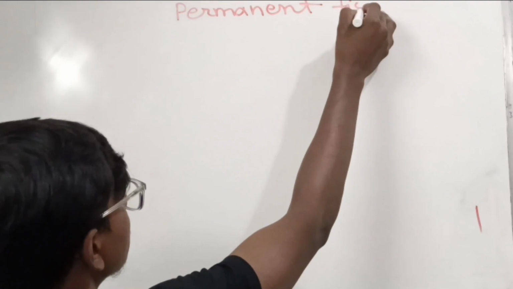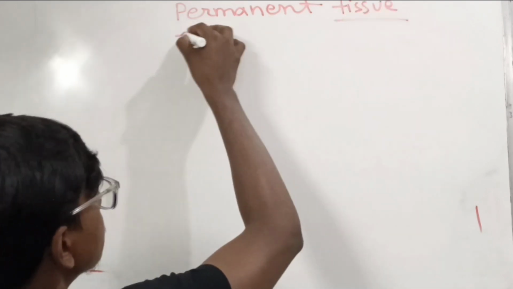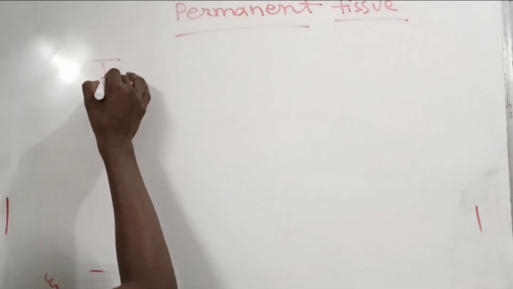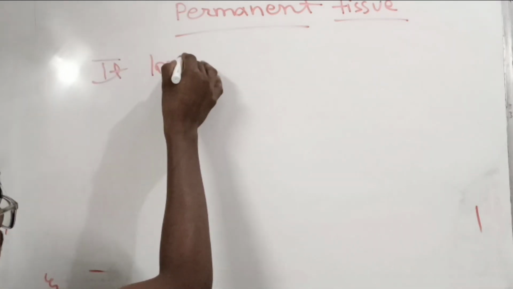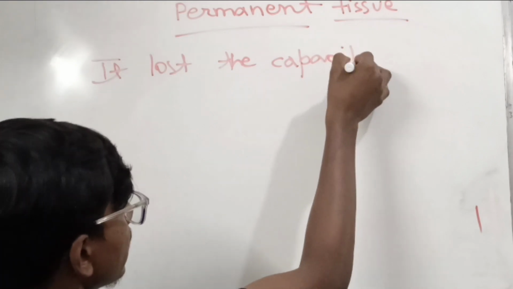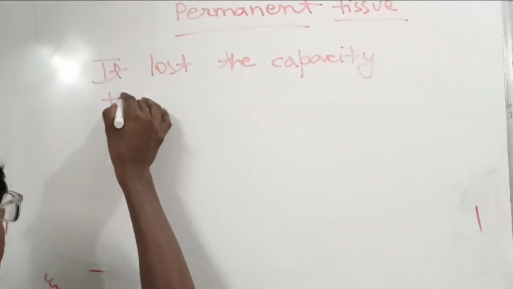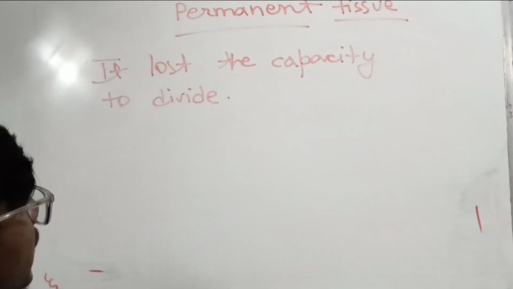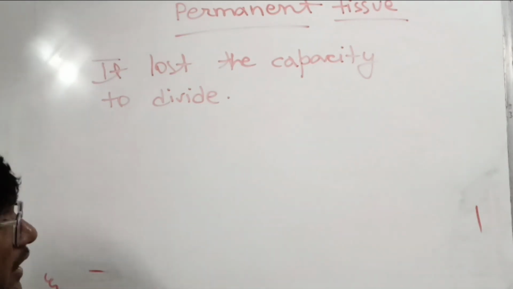Permanent tissue, okay, so this tissue is not having any capacity. It lost the capacity to divide. It doesn't have any capacity to divide.